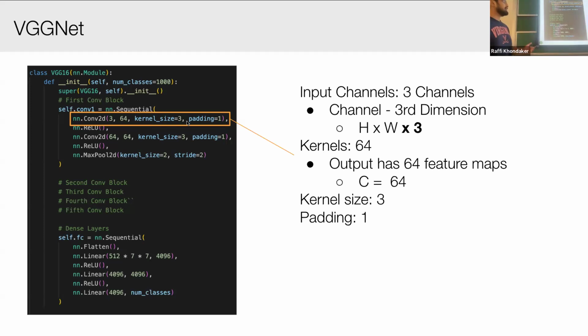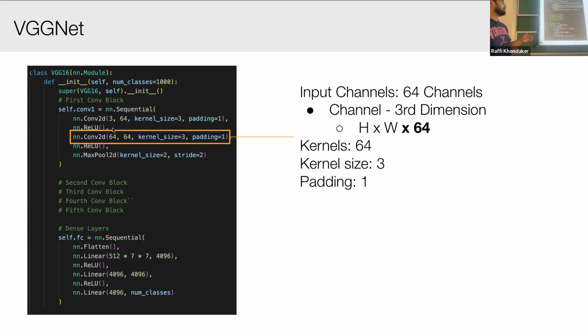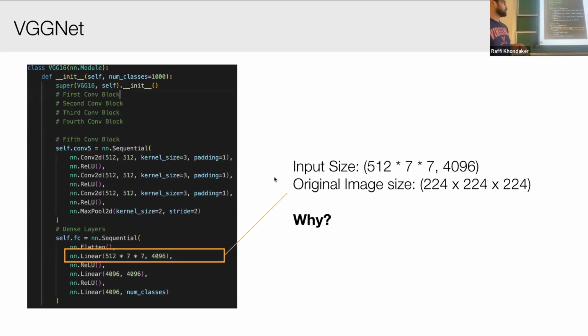You can then set the kernel size and the padding. By having a kernel size of 3 and a padding of 1, we make sure our image stays the same size. Then we have ReLU, more convolutions, and so on. We defined 5 different convolutional blocks, and then we can also define our dense block, or our neural network component.